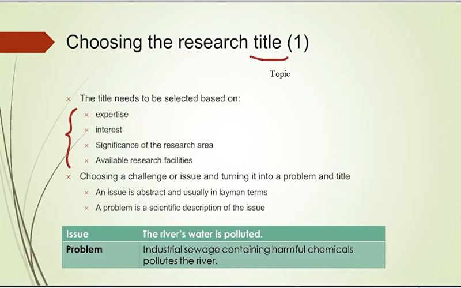Otherwise, choosing a topic in an area in which you don't have expertise is going to be very challenging and difficult to manage, and you may not even be able to finish that. Okay, so expertise is important.